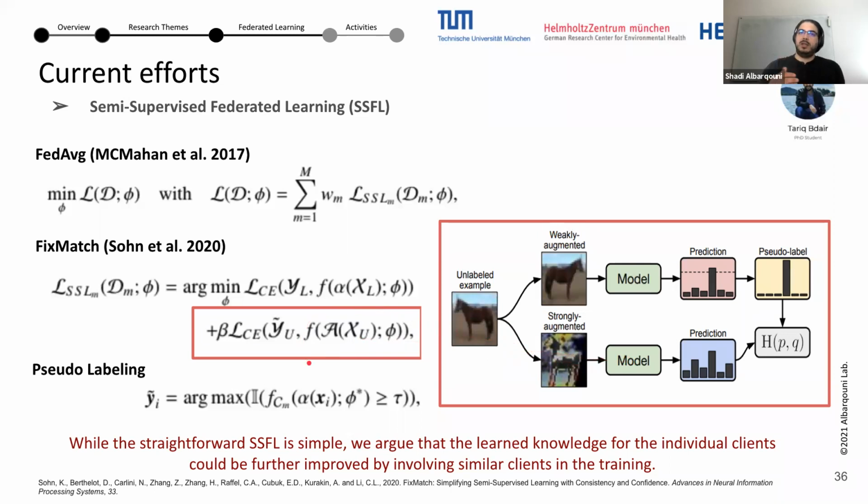Minimizing this objective function enforces some sort of consistency in the model and helps the model to generalize well to unseen data. So these two losses indeed form the so-called FixMatch approach, which was presented at NeurIPS last year.